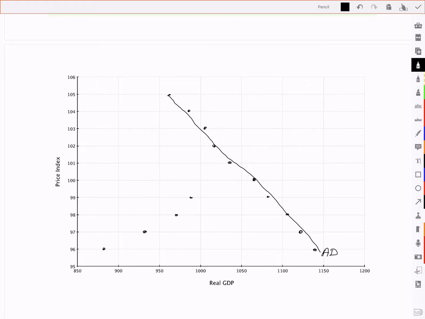At 100, it's 1,000. At 101, it's 1015. At 102, it is 1025. At 103, it's 1033. At 104, it's 1040. And at 105, 1055.